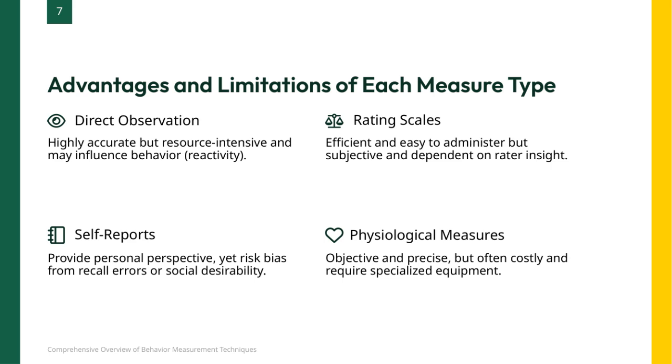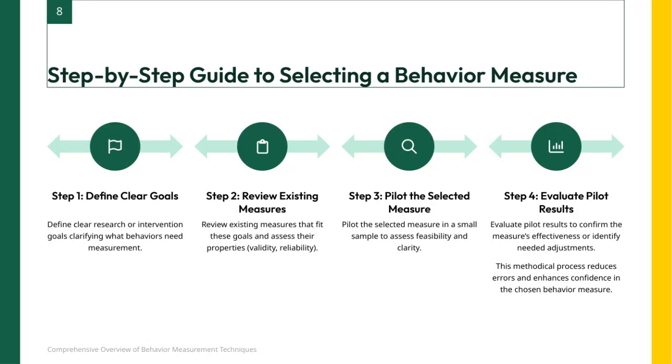First, it's essential to clearly define your research or intervention goals. You need to be specific about which behaviors you want to measure so that your focus is precise from the start. Next, review existing measures that align with these goals. Pay close attention to their validity and reliability to ensure you're selecting a tool that provides accurate and consistent results.